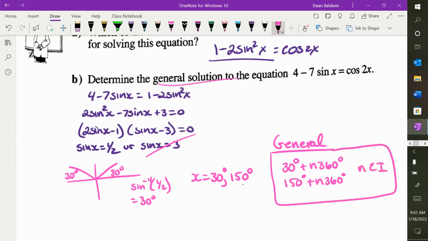You don't have to write the NEI, but if you do, that's great. It's the exact same stuff we did right at the beginning of the chapter. The only thing is you need to make all the trig functions the same. That's it. Okay.